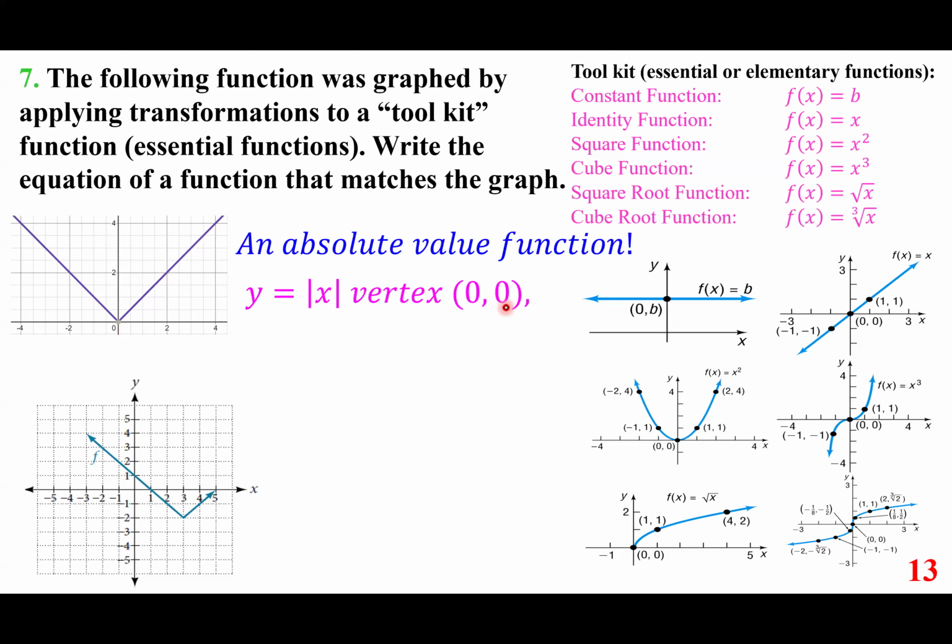The vertex is located at 0, 0. But in this graph, where is the vertex located? Clearly it is located at 3, negative 2. The new vertex is located at 3, negative 2.